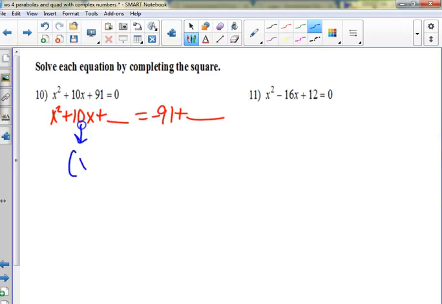Half of this is 5. We've got to square it so that this is equivalent to this, which would be 25. What's negative 91 plus 25? Negative 66. Okay, that seems right to me.